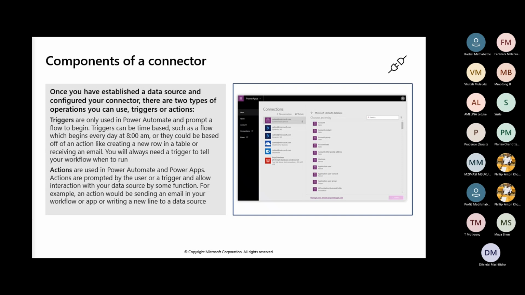Now, triggers can be time-based, such as a flow which begins every day at 8 a.m., or they could be based off of an action like creating a new row in a table or receiving an email. You will always need a trigger to tell your flow when to run.